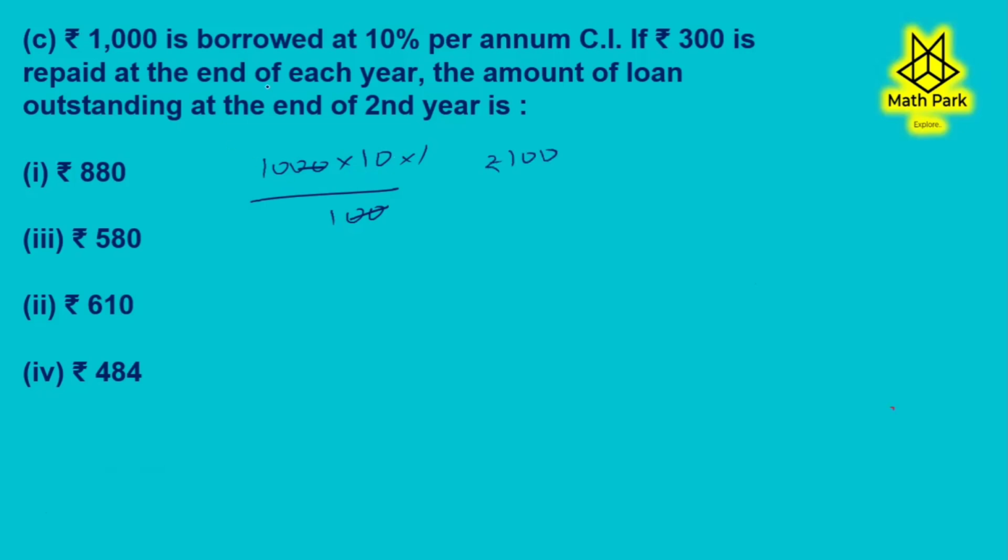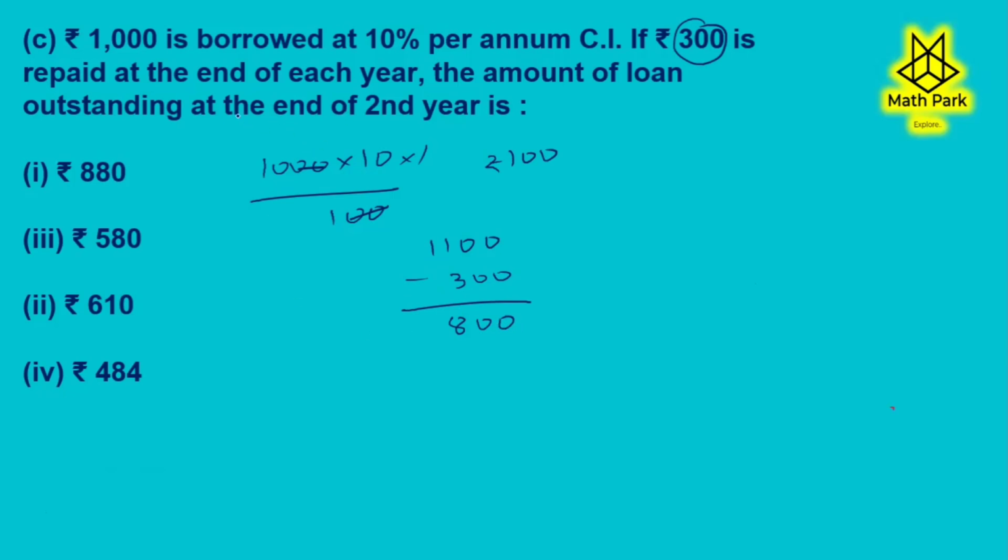So the outstanding amount is going to be 1100, this 1000 plus 100, the interest that we have to pay. Out of this, rupees 300 is repaid. So minus 300.